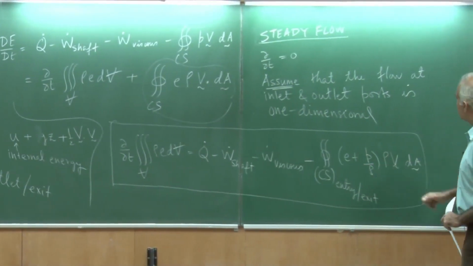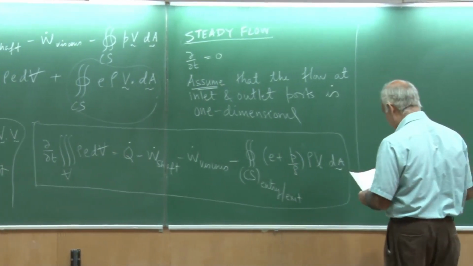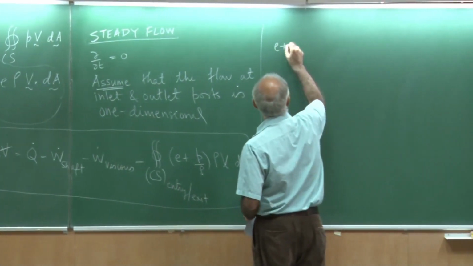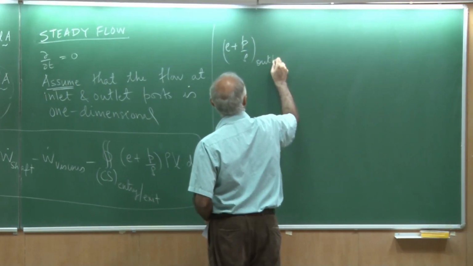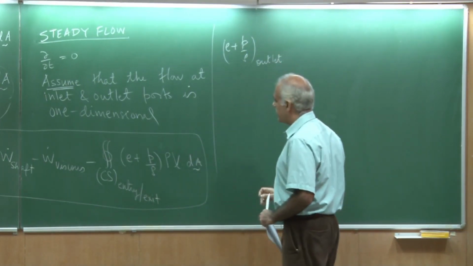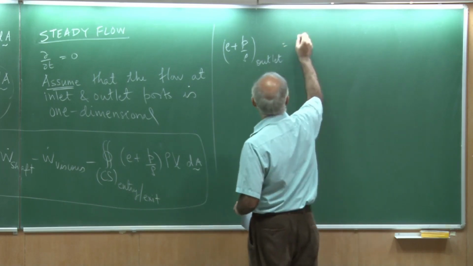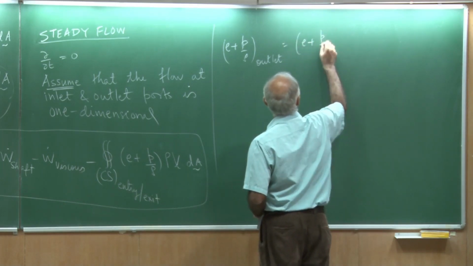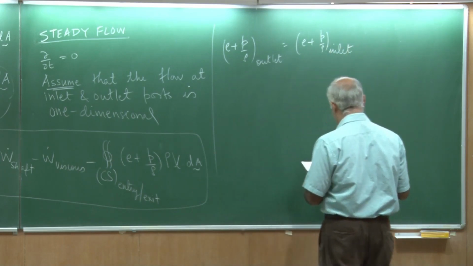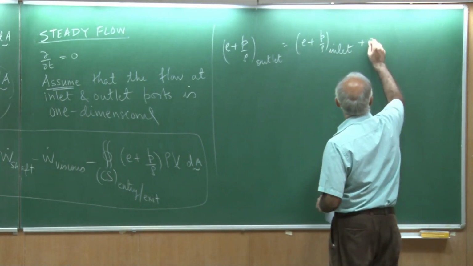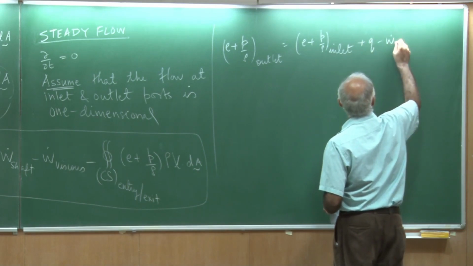Then I can just express these terms as E plus P by rho at the outlet. This should be equal to E plus P by rho at the inlet plus Q minus W_S.